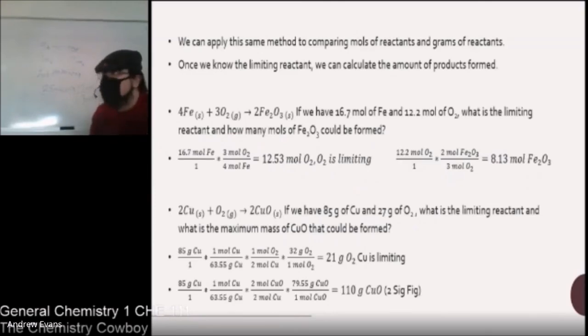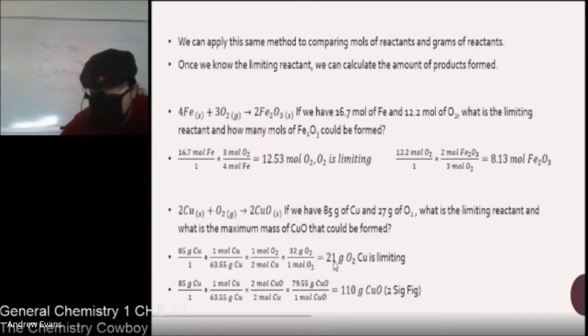So copper has a molar mass of 63.5, almost 64. And you need 2 moles of copper per every 1 mole of oxygen. Finally, 32 grams of oxygen. Do this math: grams cancel grams, moles cancel moles, O2 moles cancel moles, and we're left with grams of oxygen.